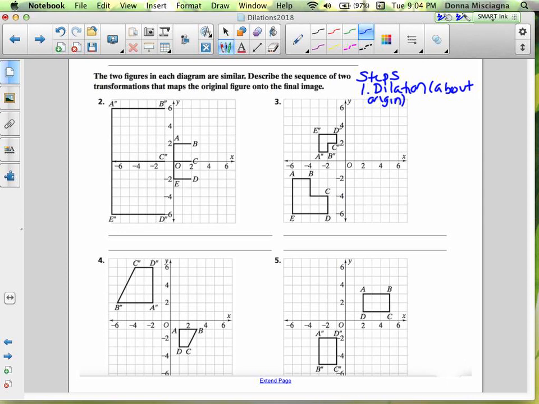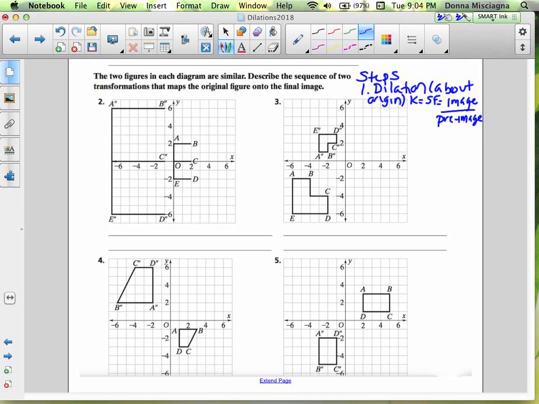So remember that K, which is your scale factor, is just the image length over the pre-image. And remember, you want to look for vertical and horizontal lines because they're very easy to figure out the length of.